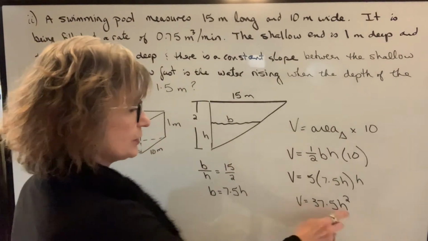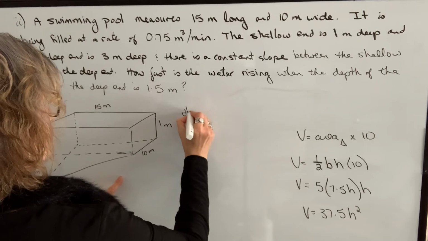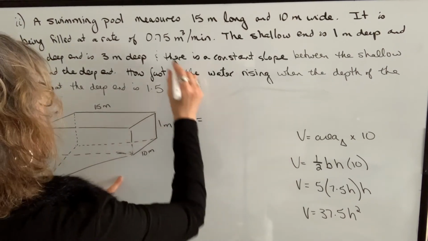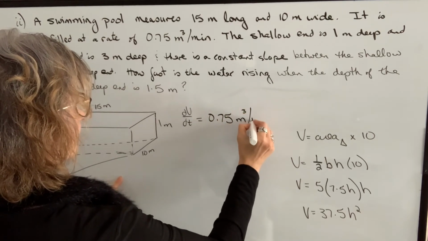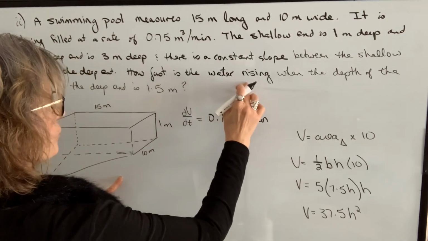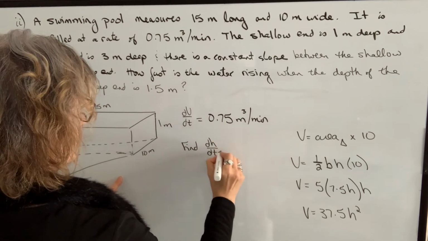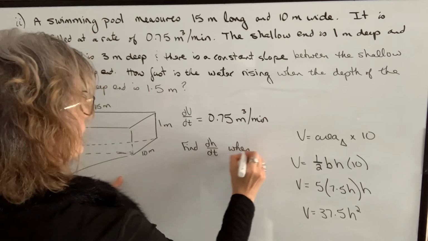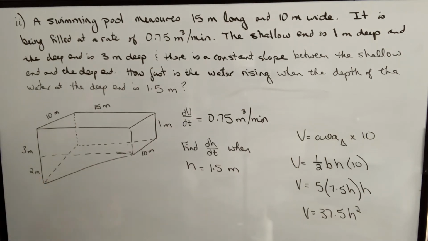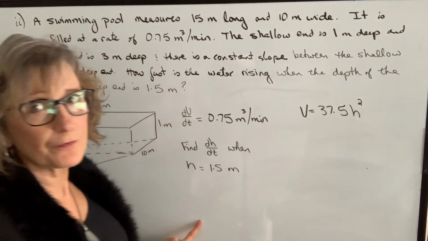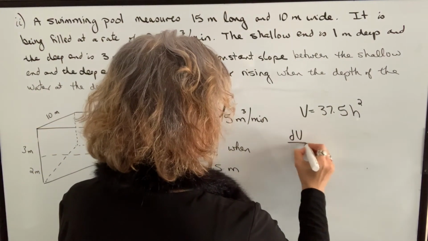Now we have volume just in terms of the one variable we want. We know dV/dt. We're putting water in at the rate of 0.75 cubic meters per minute. They said, how fast is the water rising? So we want to find dH/dt when H is 1.5 meters. So we're going to differentiate the volume of the pool, which we've now expressed just in terms of height, with respect to time.